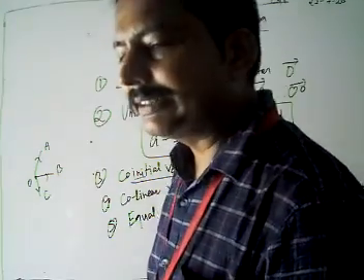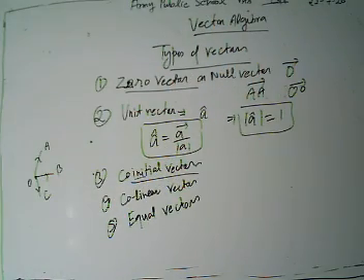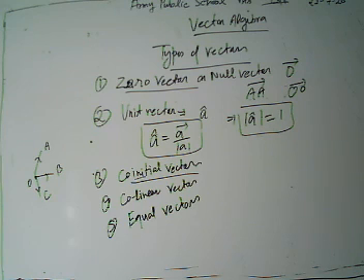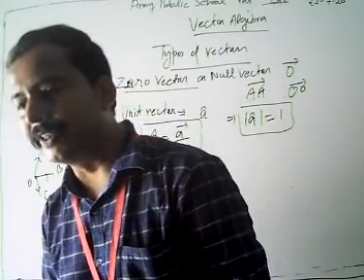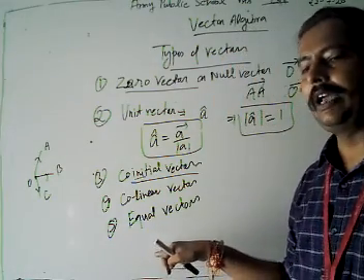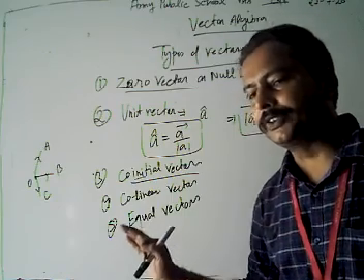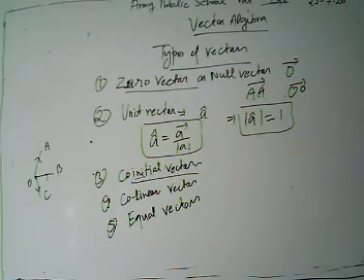Two or more vectors are said to be equal vectors if they have the same magnitude and the same direction, irrespective of the position of the initial point. It is not necessary for the initial points to be the same. Two vectors are said to be equal if they have the same magnitude and the same direction, irrespective of the initial point; these are known as equal vectors.